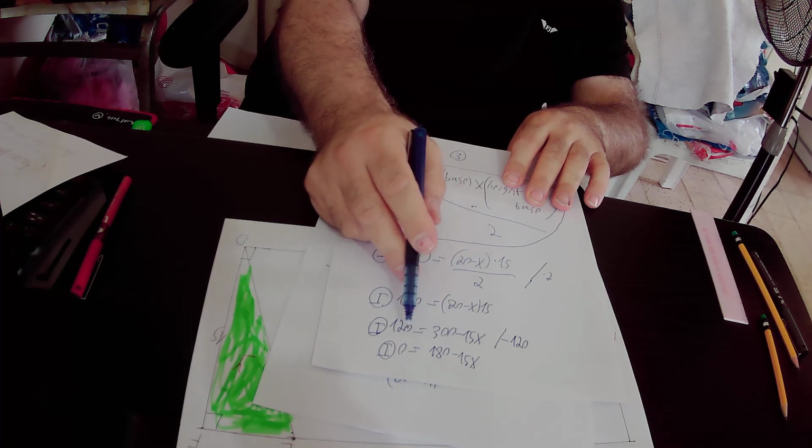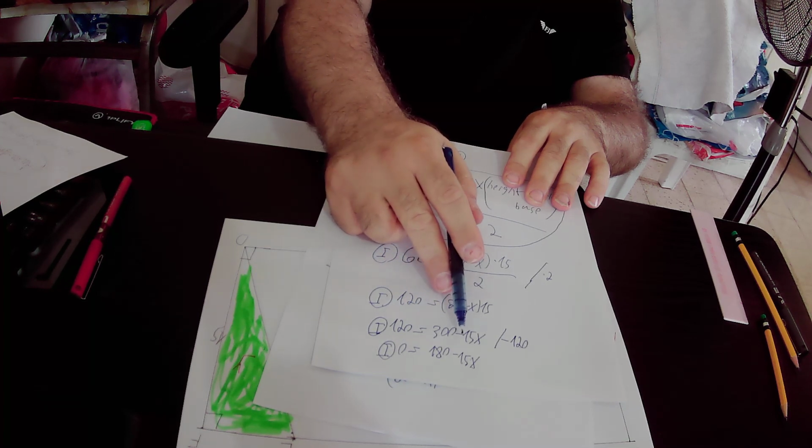So in total we get 0 equals 180 minus 15x.